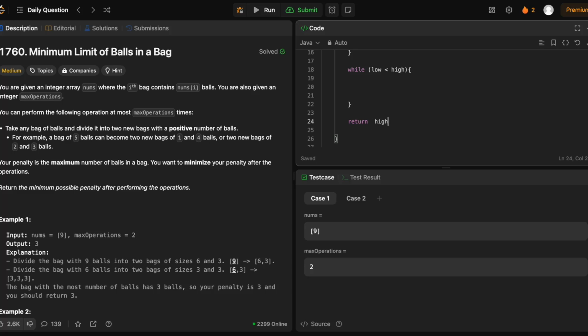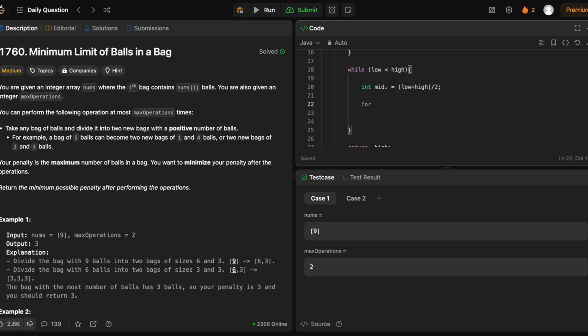And my return is high. So now, what's the first thing? We need to get our mid, which is the midpoint that we're predicting, where low plus high is divided by 2, and we get this midpoint.